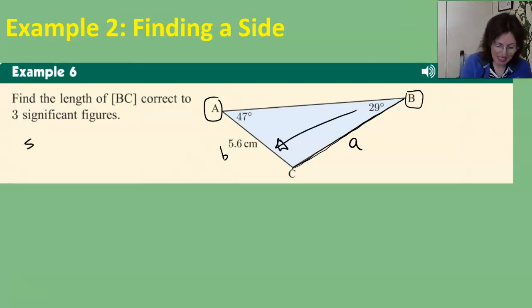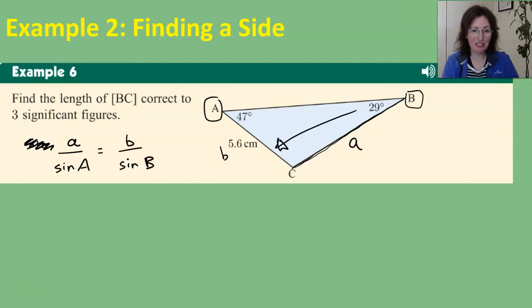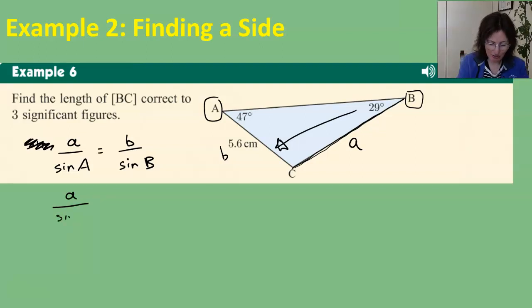Let's write out our formula each time. We're starting with a over sine A is equal to b over sine B. And then substitute in your values. a we leave as a, lowercase a I mean, sine of A, so sine of 47.